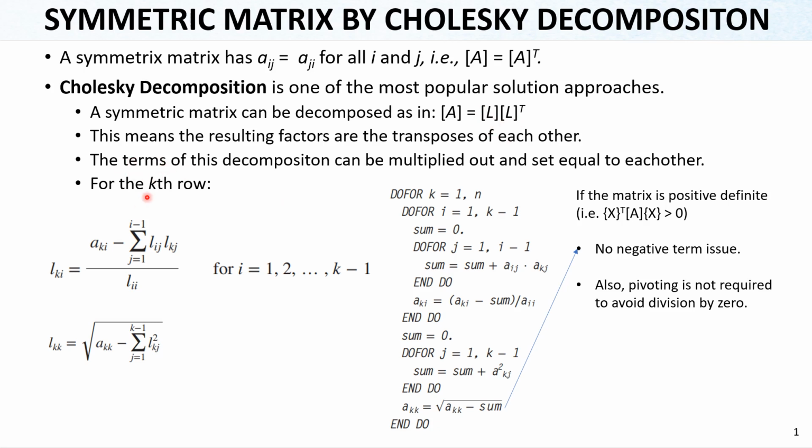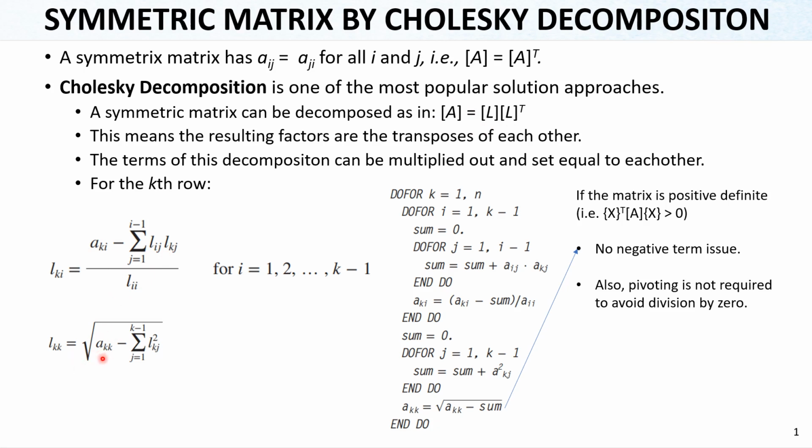For the kth row of the matrix, the terms of L are these L_ki and L_kk, and these are obtained by using these equations. As you can see here, the A terms in the A matrix and L terms in the L matrices are divided by the L term.